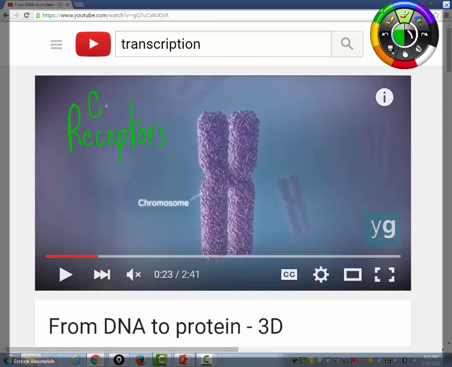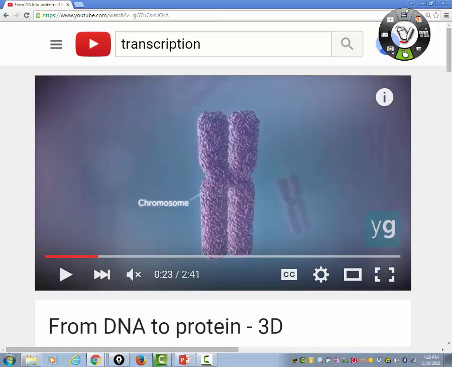So these cell receptors for different cells are going to be different. This is what allows certain chemicals from the blood to affect some cells and not affect others. And what are those cell receptors mostly made out of? Protein.